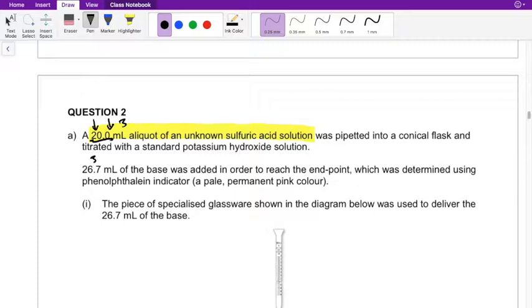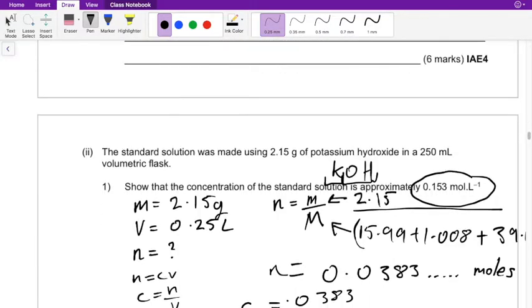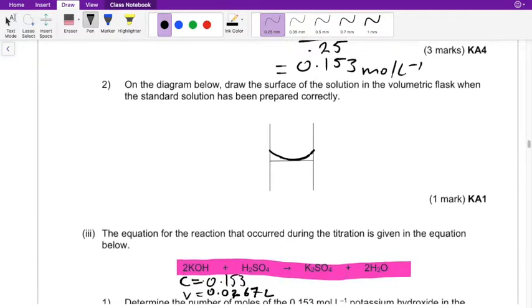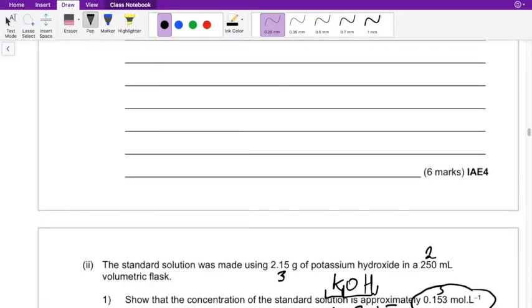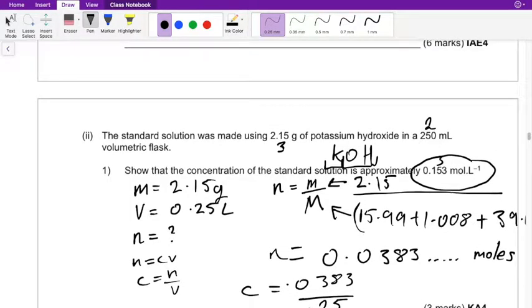This here is the 3, because it's 3 non-zero numbers. This one here is the 3 because it's 3 non-zero numbers. Looking for other information given. This is given to 3. This here is given to 2. This is given to 3. Beautiful. So 2 significant figures is the least that we've seen.